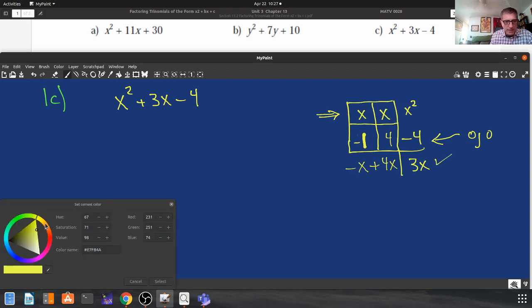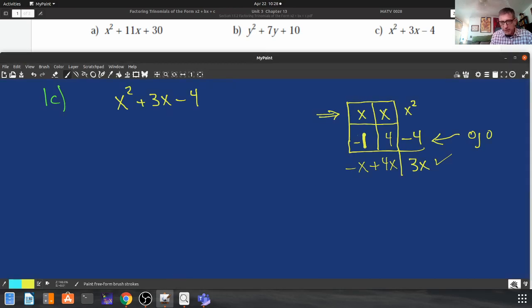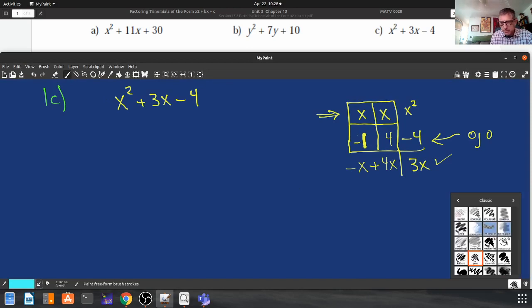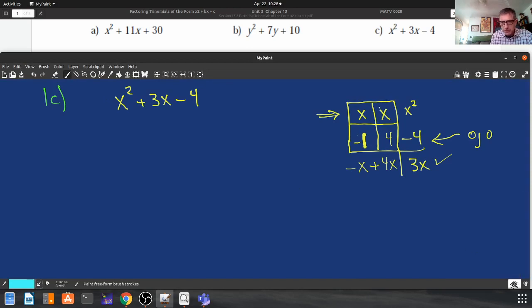So I have my table filled in, so the only thing left to do is extract the factorization. Right there it is.